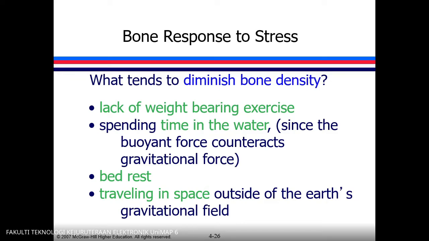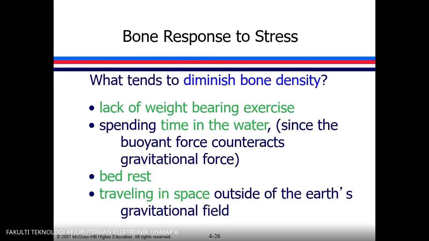And then, we spend time in water because the buoyant force counteracts gravitational force. So, we could not spend too much time in water because it will diminish bone density. And then bed rest. Okay, jangan tidur banyak sangat kat atas katil. And then also the last one is traveling in space.